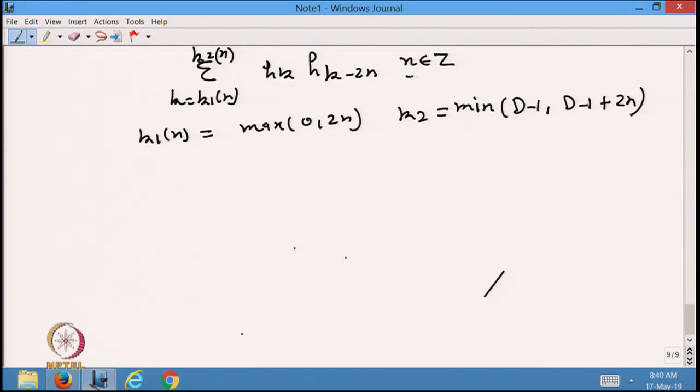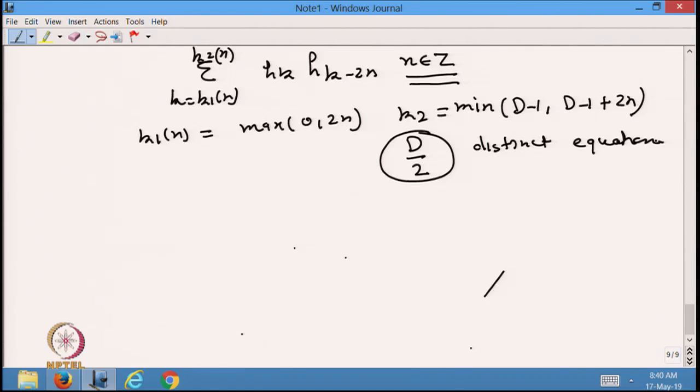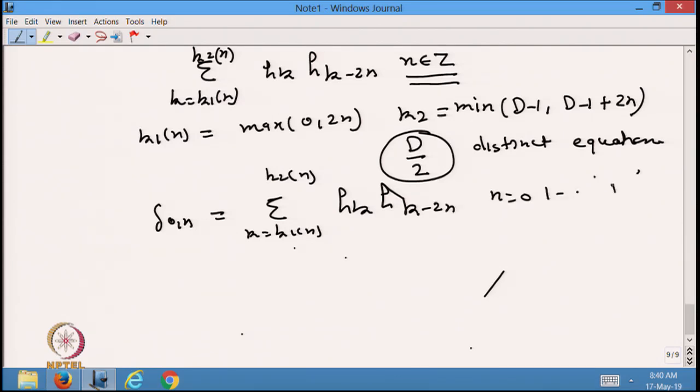You could get as many equations as n belongs to Z, but you can observe that you will get only these many distinct equations, for k minus 2n where n is 0, 1, 2, after using these MRA assumptions.